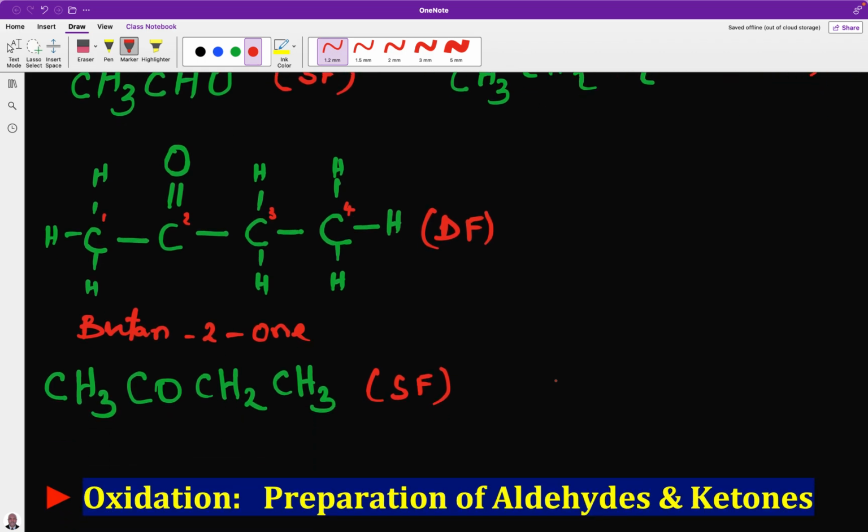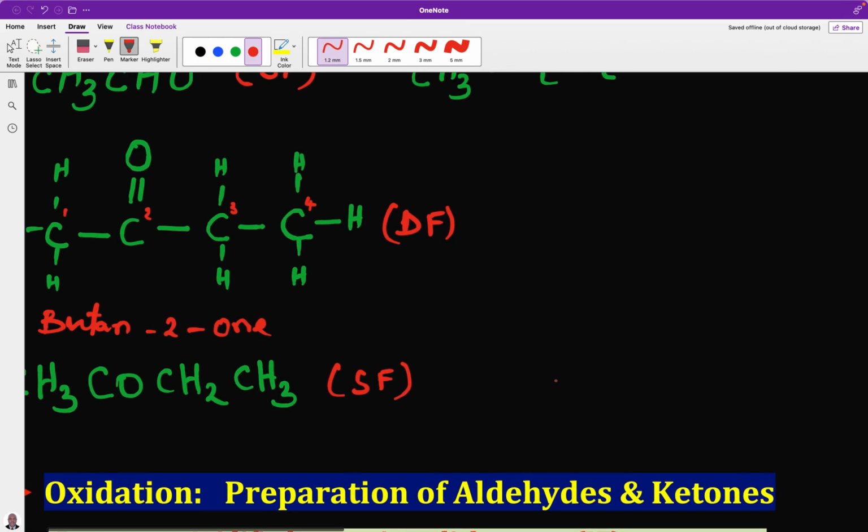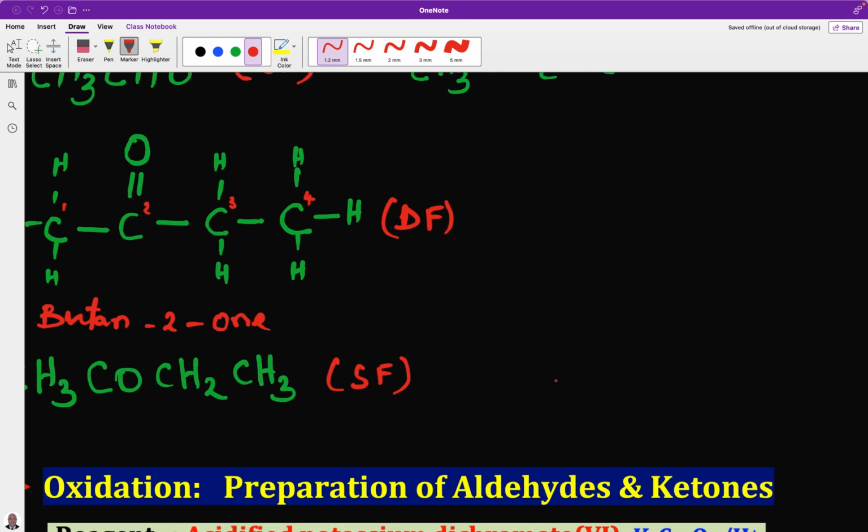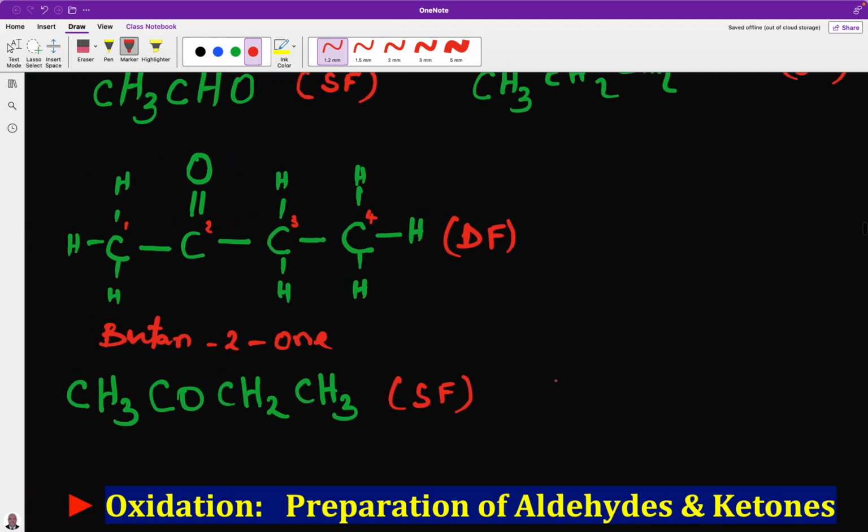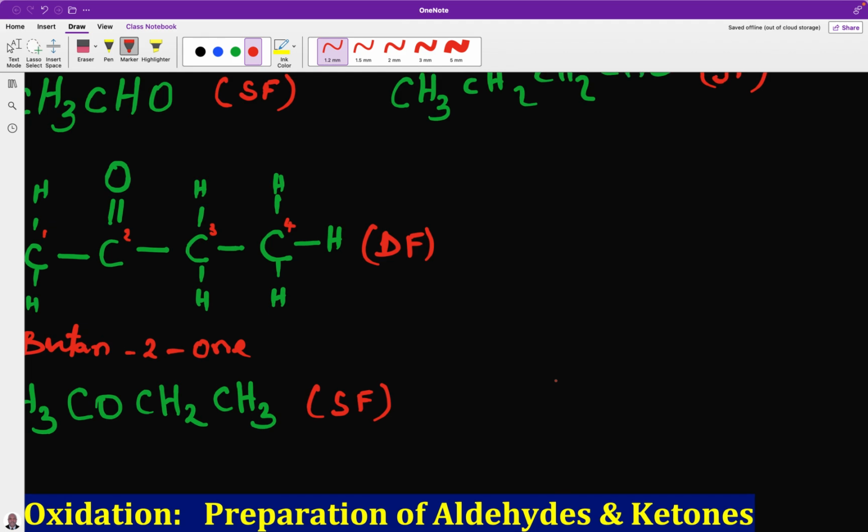of a ketone. Another example of a ketone is pentan-3-one. Pentan-3-one will definitely be 5 carbon atoms. Pent has to do with 5. We will have 1, 2, 3, 4, 5. The carbon atoms are numbered in this way.